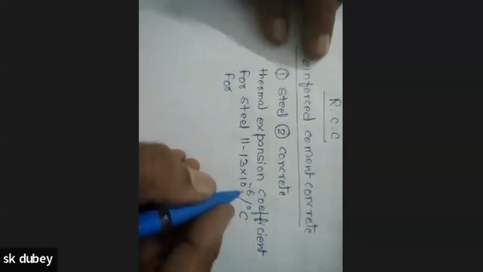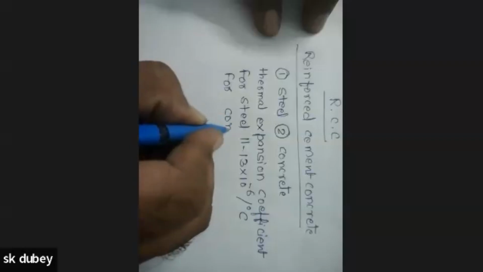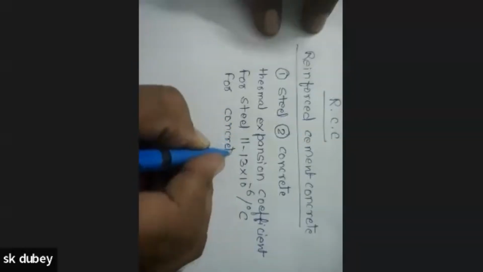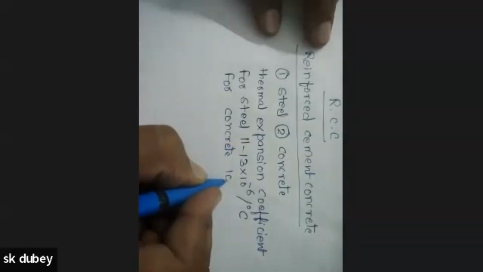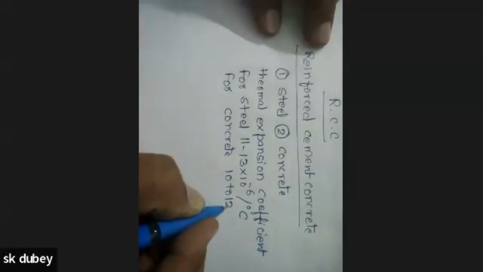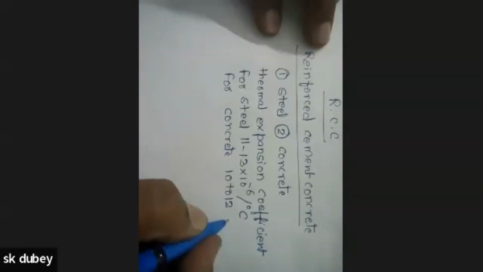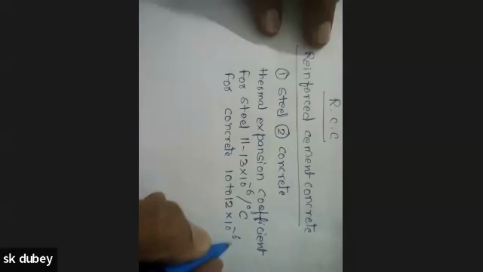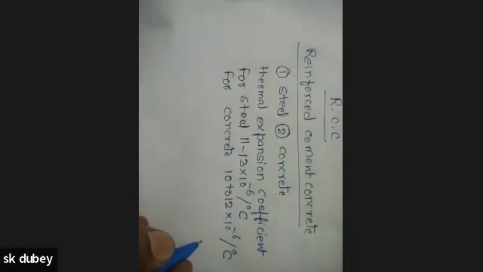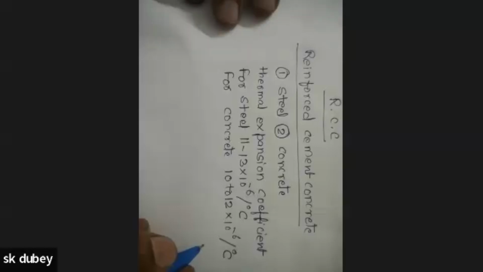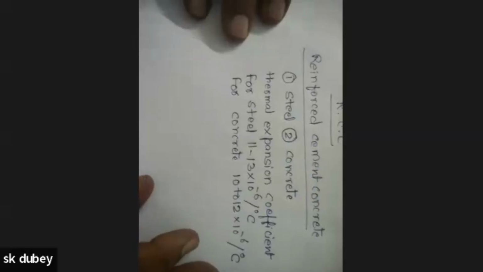And for concrete, it is 10 to 12 into 10 raised to minus 6 per degree centigrade. So this is the main reason that we have this combination of two materials, and it works very well.